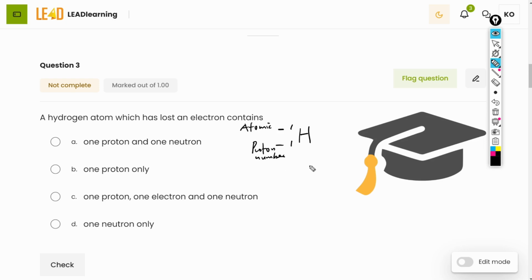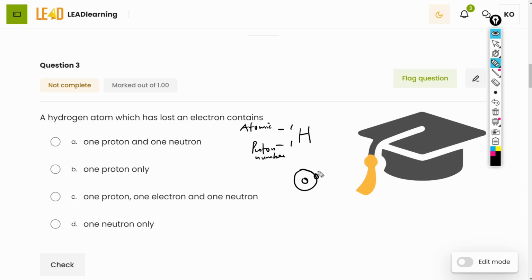And if I decide to draw the electronic configuration, it means that hydrogen has only an electron because the number of electron is equal to the number of proton. So if this hydrogen atom has 1 proton, it means it automatically has just an electron. And in the nucleus is the single proton. So the question says a hydrogen atom which has lost an electron.